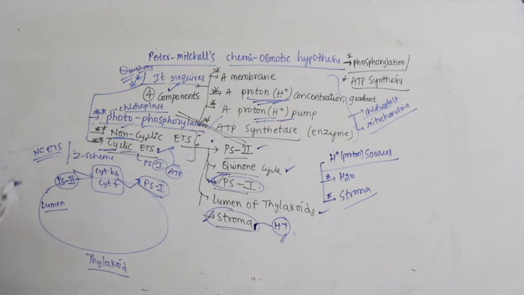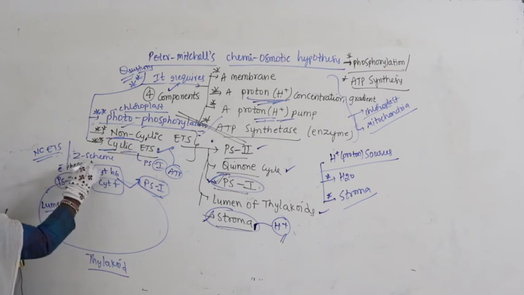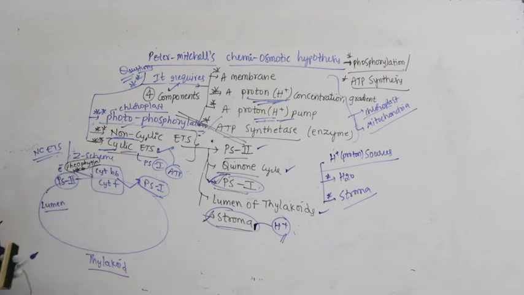So from PS2, when the electron is coming, first it enters into the component called pheophytin, in the non-cyclic electron transport system.